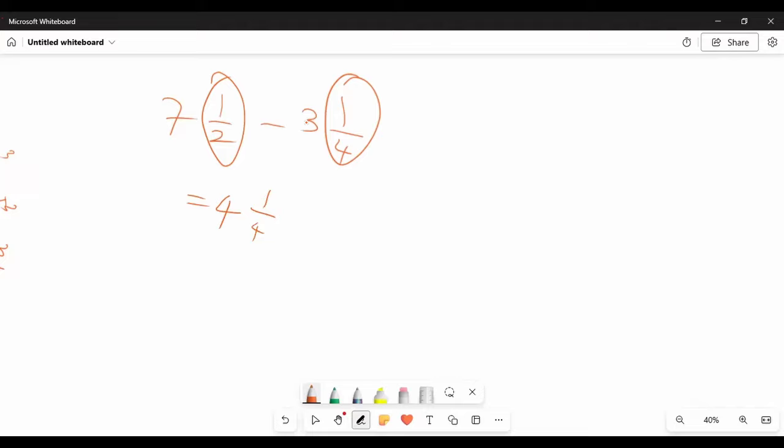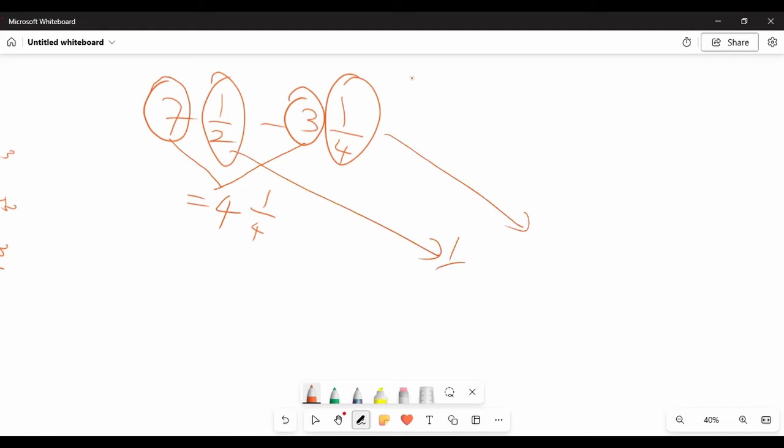Hey Masha, what we have to do is from 7 wholes, I took away the 3 wholes. So from that, I got this 4. For the second one, from this remaining half, I took away this quarter. Take these two separately. From a half, you can minus this 1 over 4. So multiply by 2.